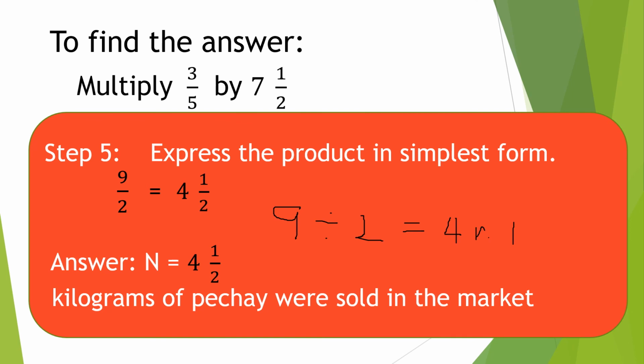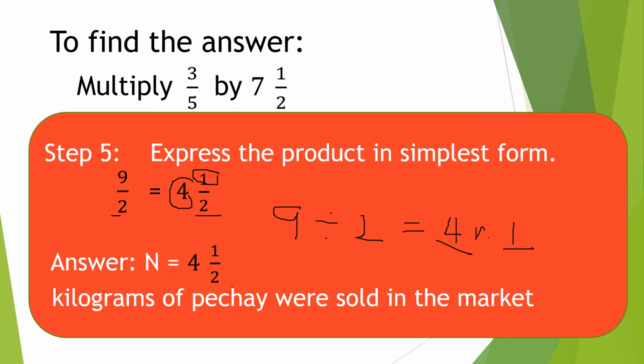Okay, so therefore, 4 here is the whole number, the remainder 1 is the numerator, and then copy the denominator. So the answer is 4 and 1/2. So therefore, 4 and 1/2 kilograms of pechay were sold in the market.